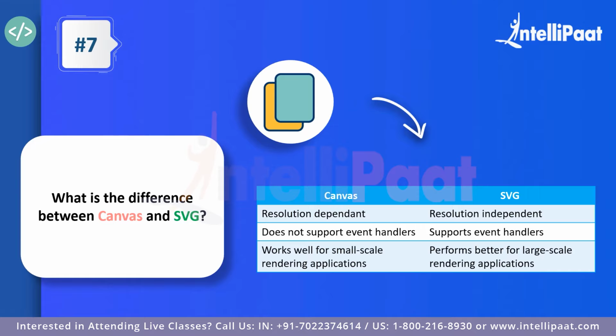If the call is for a small scale rendering application, or images which do not take up a lot of time to create and which do not have a large impact on the surroundings of it, then of course Canvas is used a lot there as well. So this forms the basic differences between Canvas and SVG.